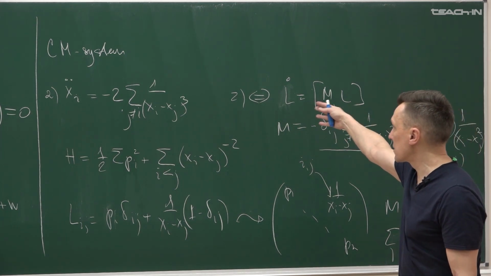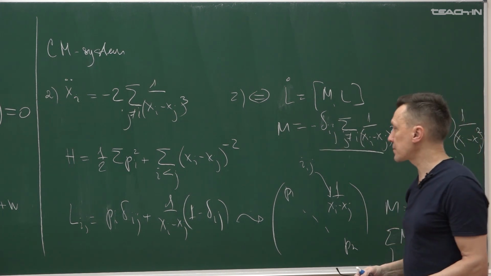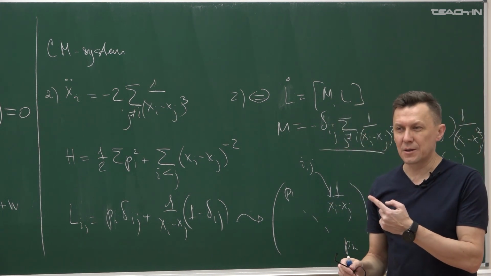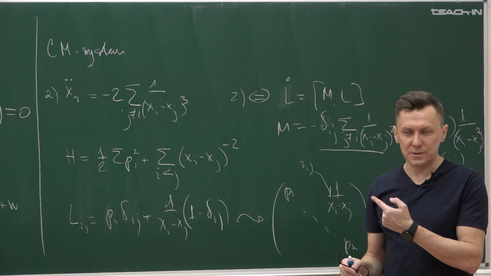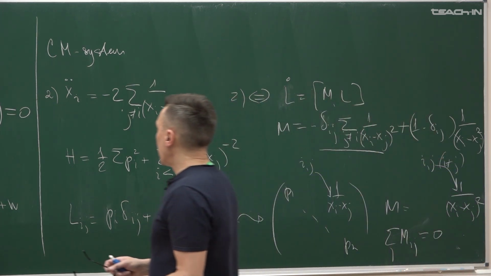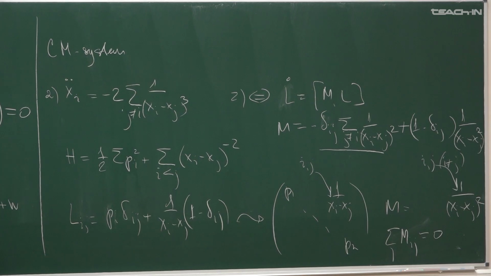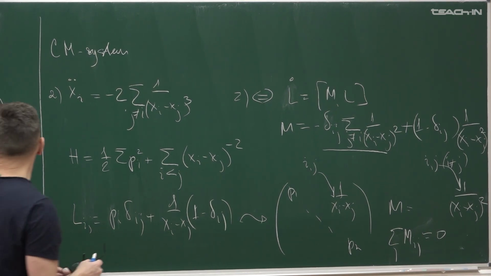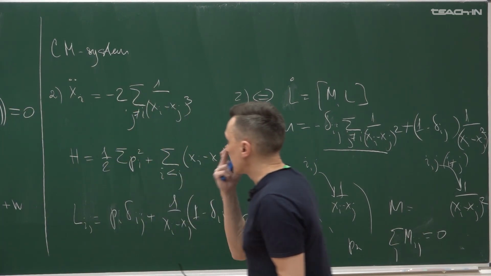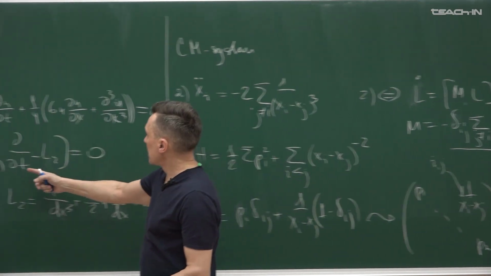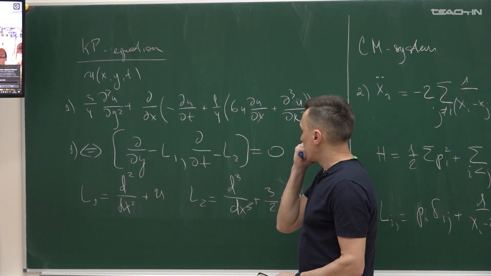So it's a statement, it can be verified, and it was the home task. So there is a relation between these objects, and they are due to this representation.